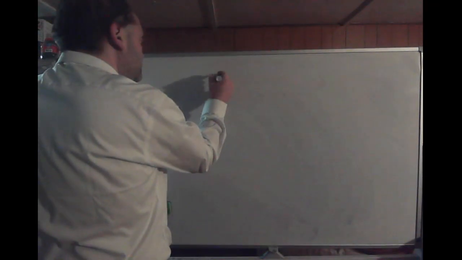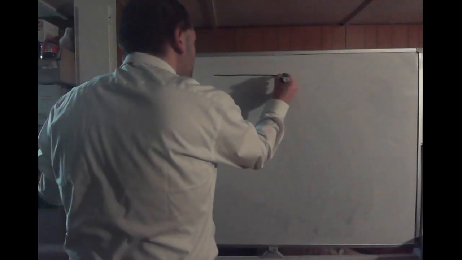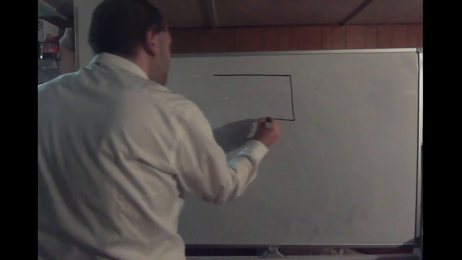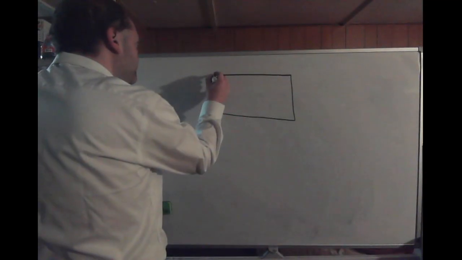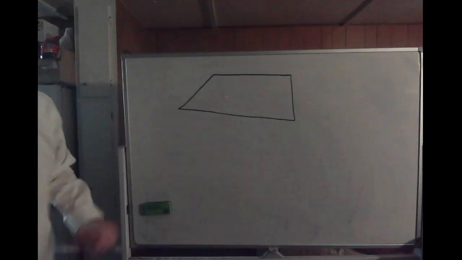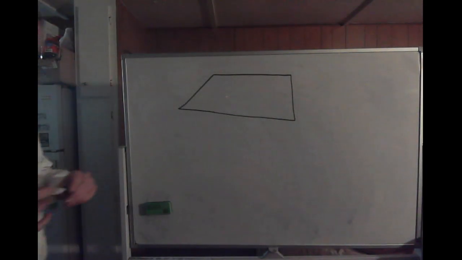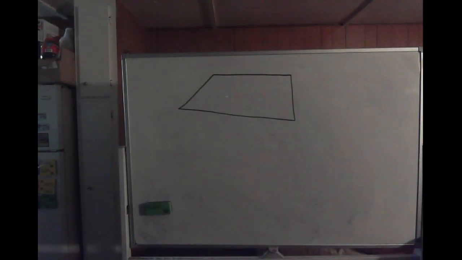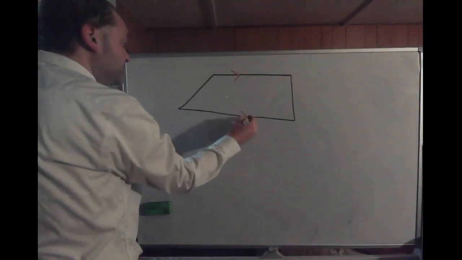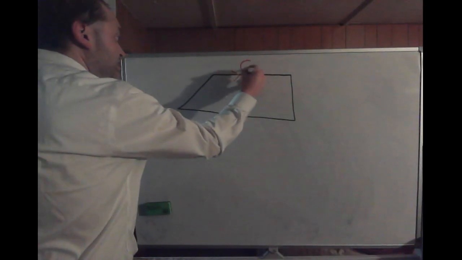Okay, what is this one? Let's see what we're given here. We're given that these two lines are parallel, so that'll help us. This has a length of 6.